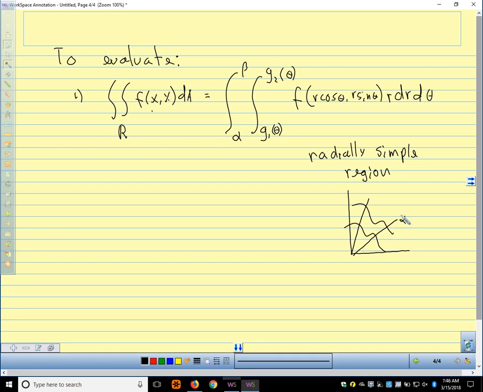So this is theta equals alpha, theta equals beta. This is g1 of theta, and this is g2 of theta. This is going to be the most common way that we set up our integral in polar coordinates. And here we're setting up our little rectangles this way.